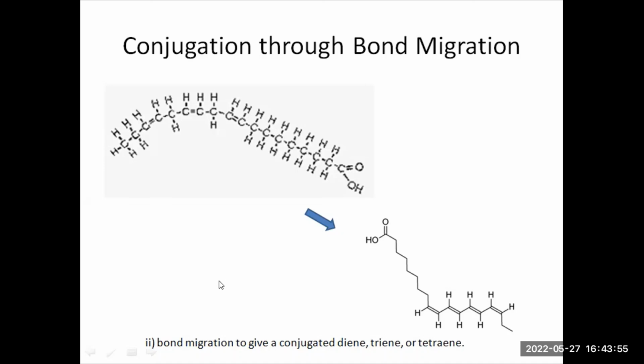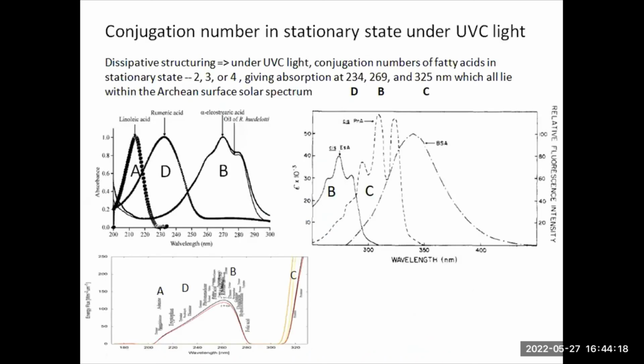So this is known as bond migration. And this could give 2N, 3N, or 4N. So this is 2, 3, or 4 carbon double bonds. And we'll see why 2, 3, or 4 carbon double bonds in this slide.